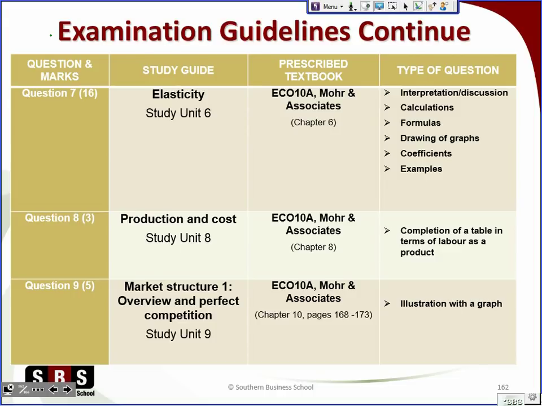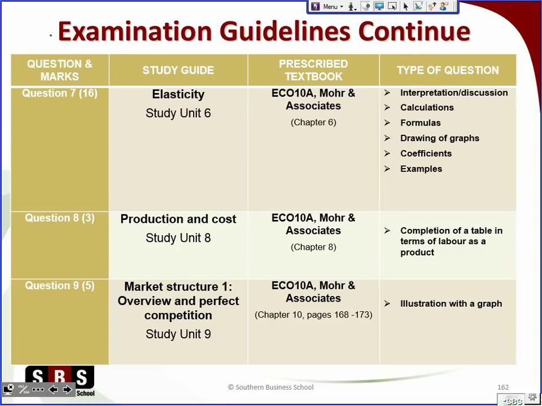There could be a table, as in the study guide, where you have to give the different coefficients for the different types of elasticities. So not necessarily a graph. It could be a table where you have to write down the correct elasticity. So for instance, for perfectly inelastic, just like in the assignment, maybe just the coefficients for that.